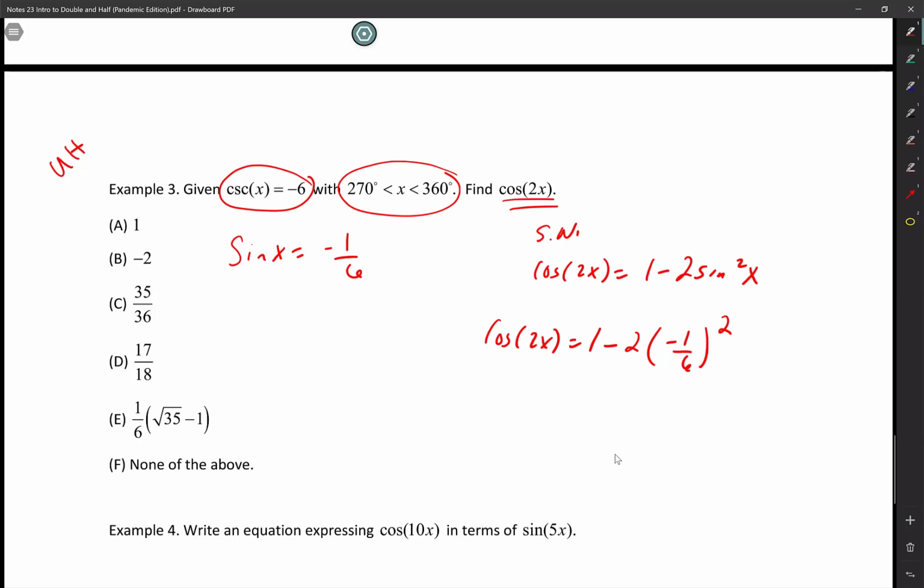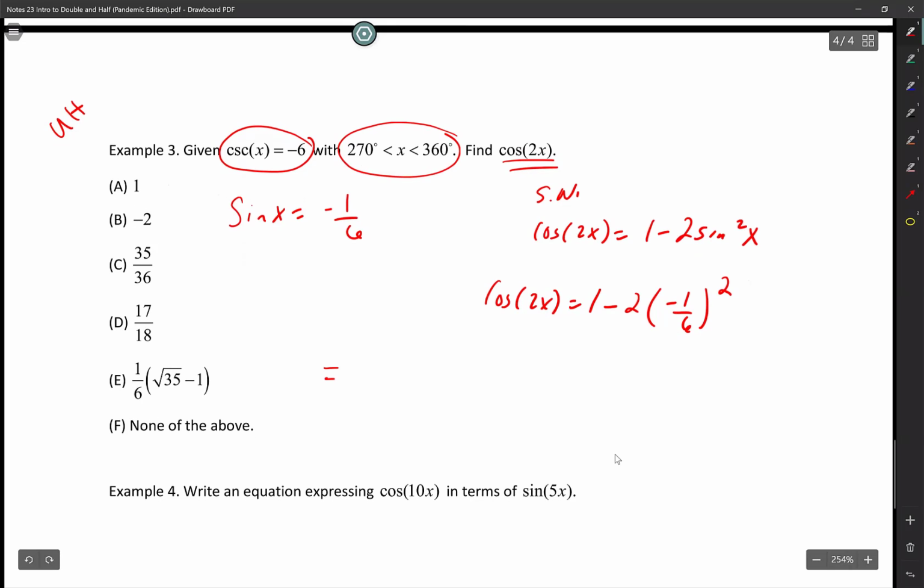Can you do this without a calculator? Say yes. Yes, you can. 1 minus 2 parenthesis. When you square a negative, it turns into a positive. That's going to be 1 over 36. And then from there, well, let's see, 2 goes into 36 18 times. So what I now have is 1 minus 1 over 18. Now what do I do, Chavez?